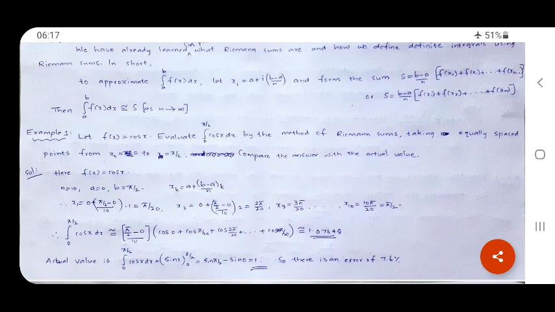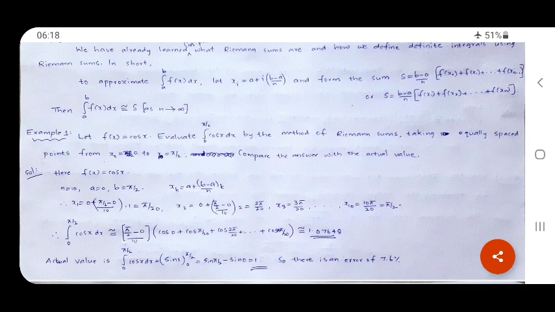So by the method of Riemann sums, the integral from 0 to π/2 of cos x dx is approximately equal to (b−a)/n, so (π/2 − 0)/10 × [cos 0 + cos π/20 + cos 2π/20 + etc. + cos 9π/20]. And by calculation, it is approximately equal to 1.07648.